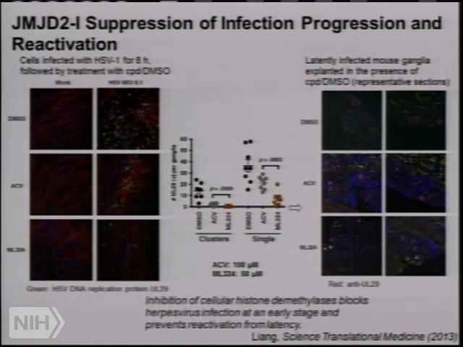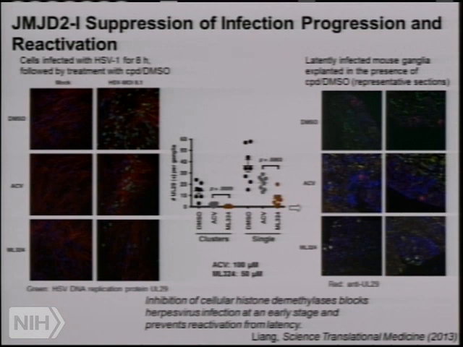amplification of the virus. Now, here we have an ex vivo experiment where mice were infected with herpes simplex virus, allowed to grow and be fed for a couple of weeks. The infection reached a latent state. Mouse ganglia were taken out of the animals, placed in tissue culture medium, which leads to reactivation of the viral infection.